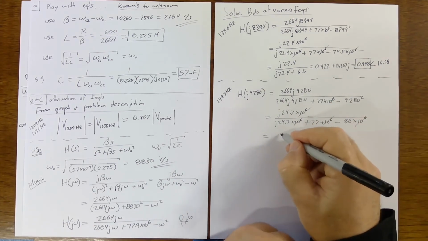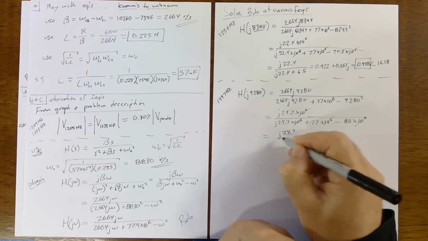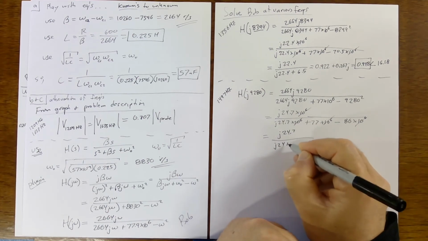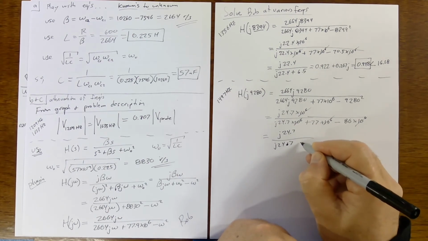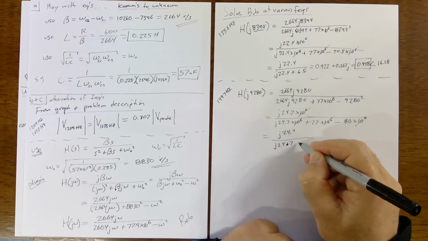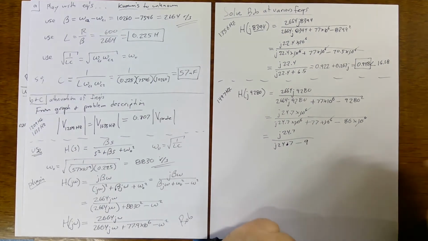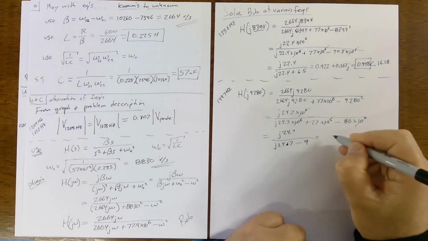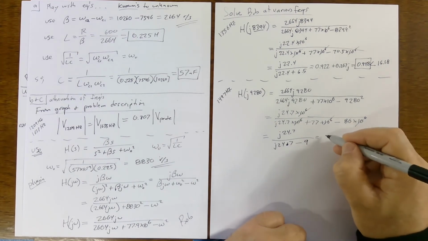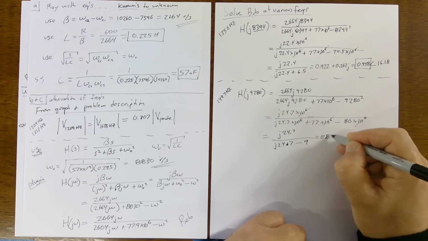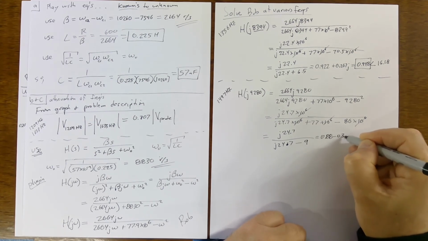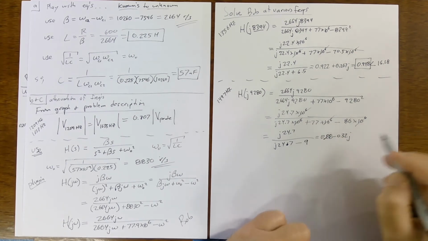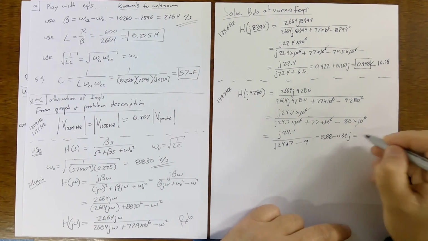You end up with j 24.7 over j 24.7 minus 9. Divide these two complex numbers in your calculator, and you get 0.88 minus 0.32j, a complex number in rectangular format.